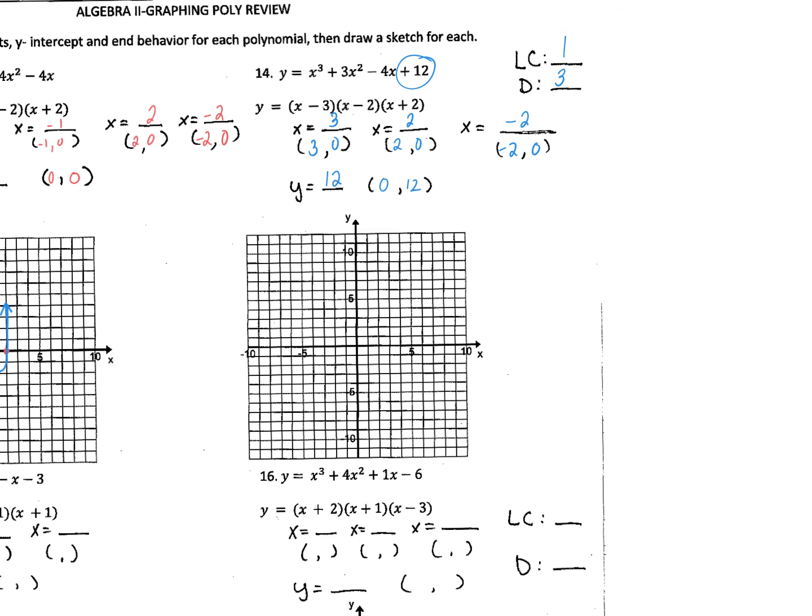From there, I'm going to plot my zeros first, so my x-intercepts: (3, 0), (2, 0), (-2, 0), and then my y-intercept, (0, 12). When I have a positive coefficient and an odd degree, it should look down to up. And from there, I'm just going to attach my lines to go through my points. It should look something like this.